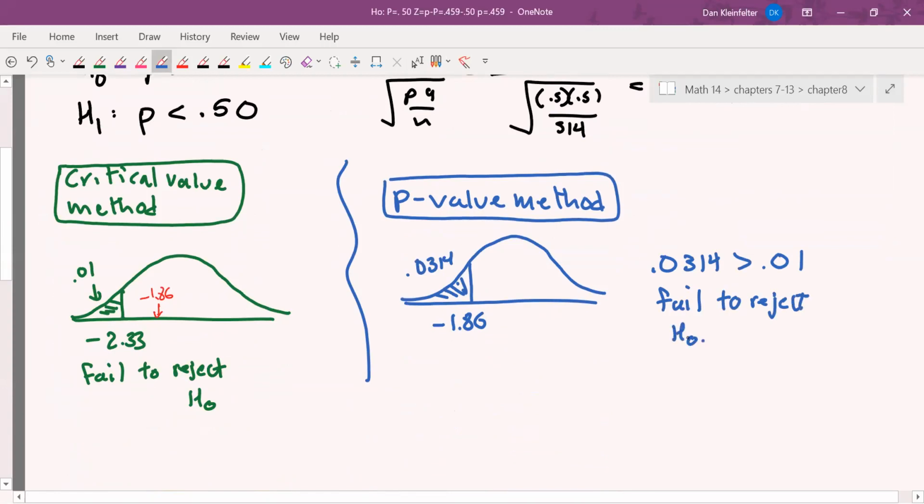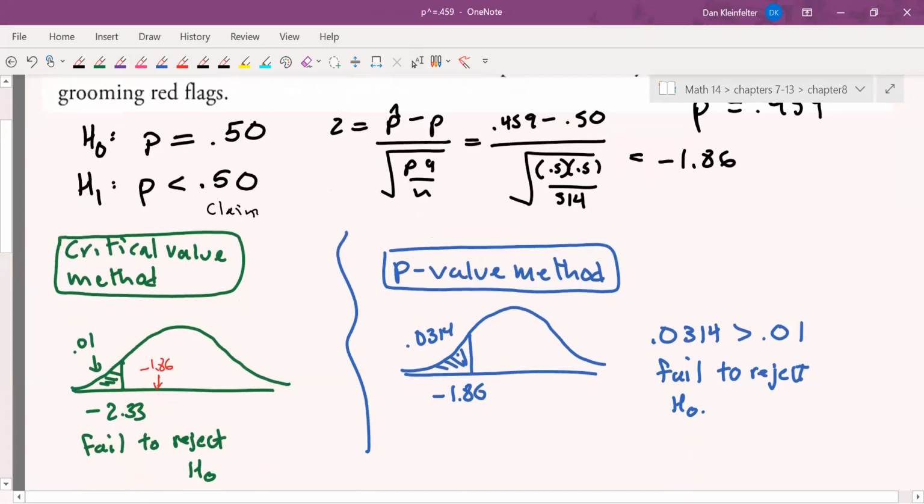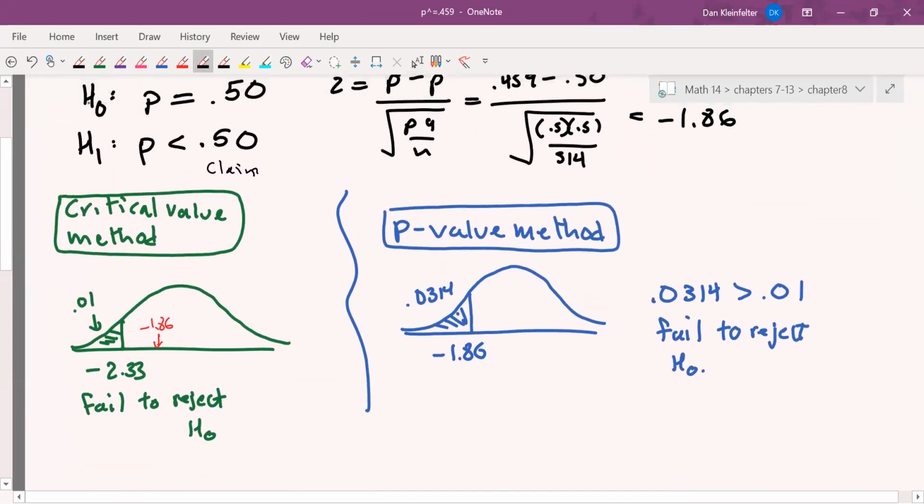All right, so again, notice that we came to the same conclusion. And in this, the claim was less than half. That was the alternative. We saw that there was insufficient evidence for us to reject H0. So there's not enough evidence to support the claim. H0 and H1 are mutually exclusive.